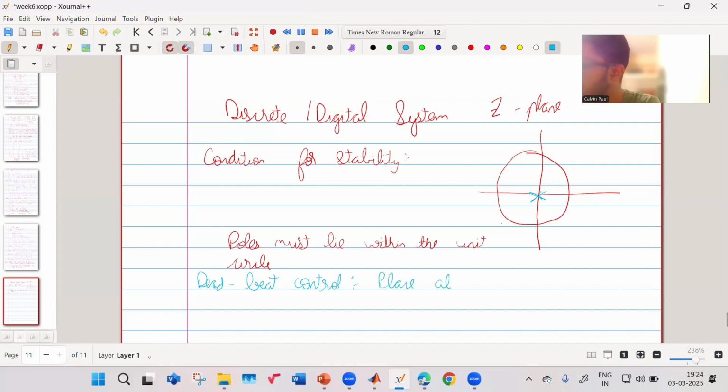You must place all the poles at the origin. And if you can do that, then within a finite number of time, and that is usually dependent on the order of the system, the output will settle at the desired value. So that is the guarantee of deadbeat control.